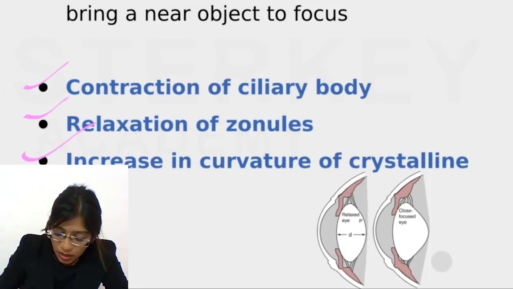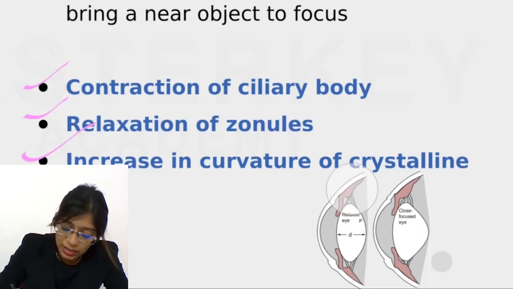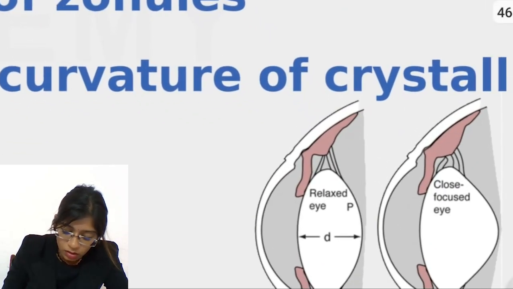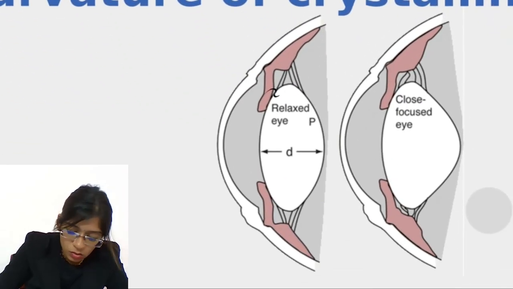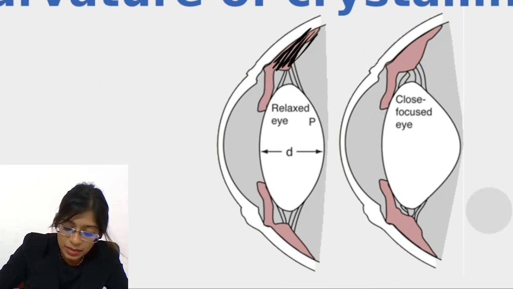Look here. What I have drawn in red is the ciliary body. Before that, let me tell you, you know this is the iris, and I just told you it continues as the ciliary body.